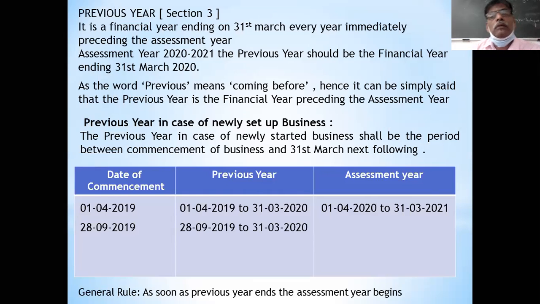Previous year may be a full year, or it may not be a full one year. In the first case, the previous year is 12 months. But in this case, the previous year is not 12 months. It is from the date of commencement of business to the year end, 31st March 2020. That is the previous year.